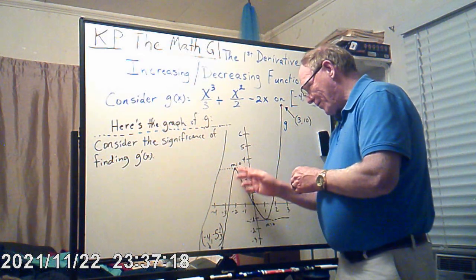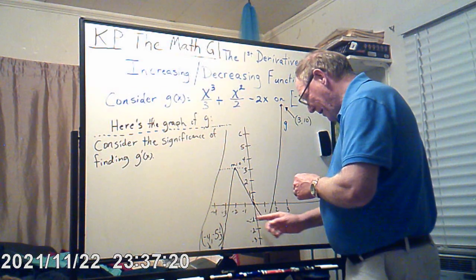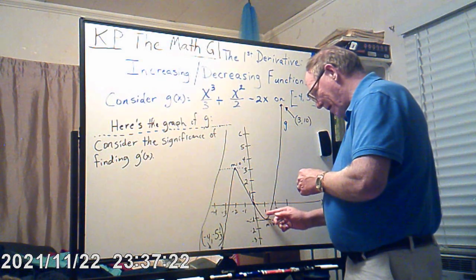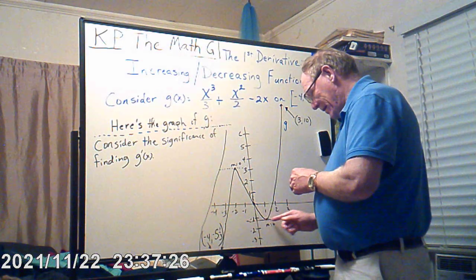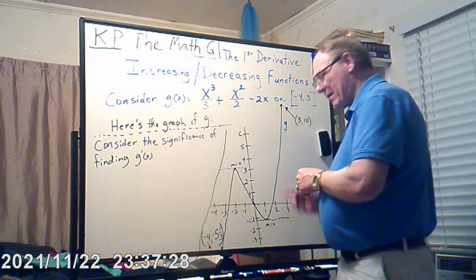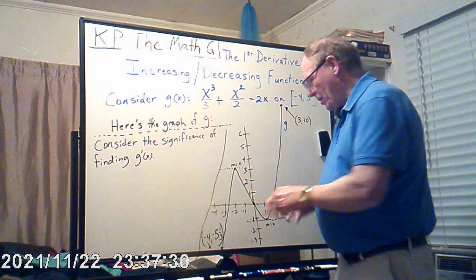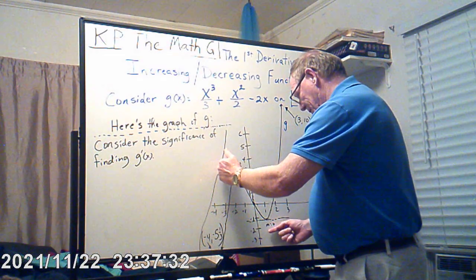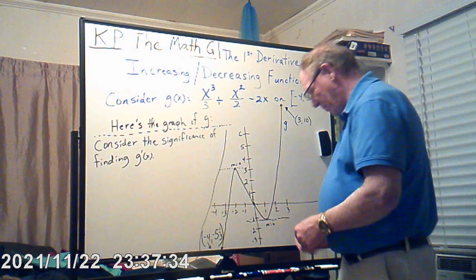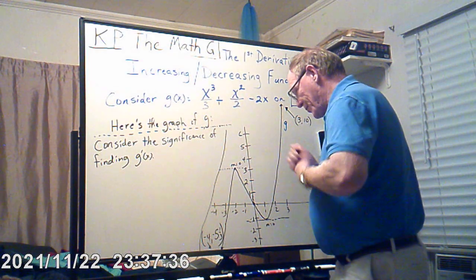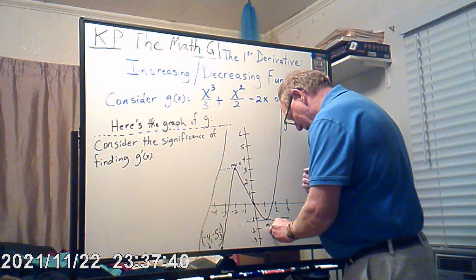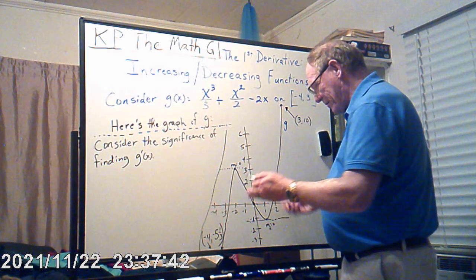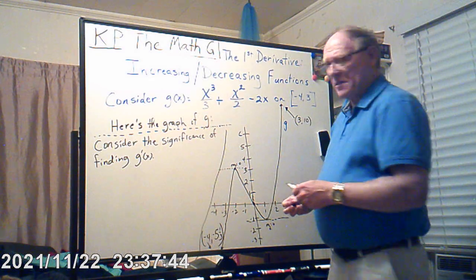So now from negative 2, in between negative 2 and 1, you notice at 1 there is another slope of 0. So between the two slopes of 0, we should have probably said this is m sub 1 and this is m sub 2. But anyway, the two slopes are equal to 0.